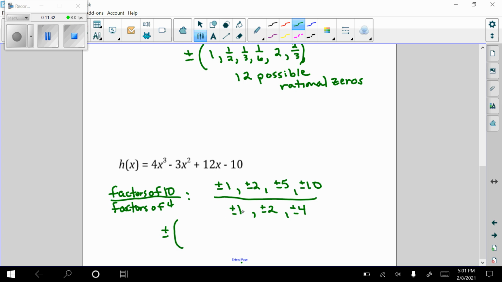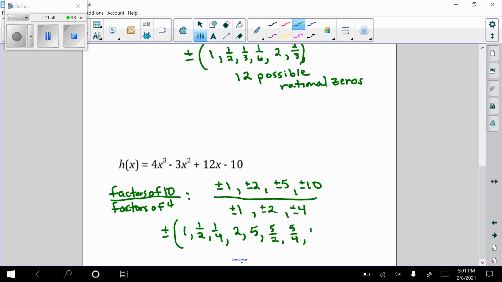So here, if I start with my 1, I've got 1 over 1, 1 over 2, 1 over 4. If I go to my 2, I've got 2 over 1, 2 over 2 I already have, and 2 over 4 I already have. So go to my 5, I put 5 over 1, 5 over 2, and 5 over 4.